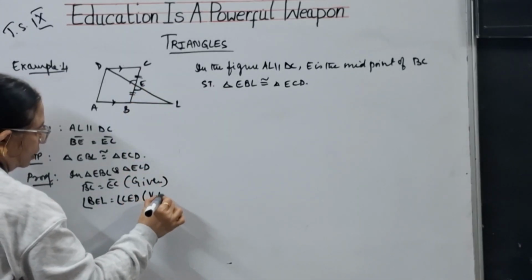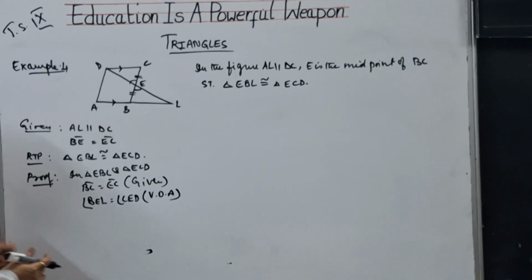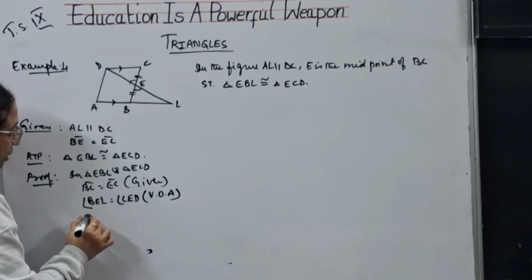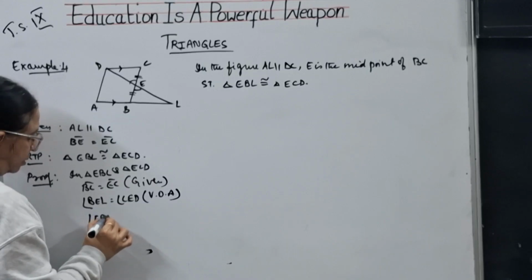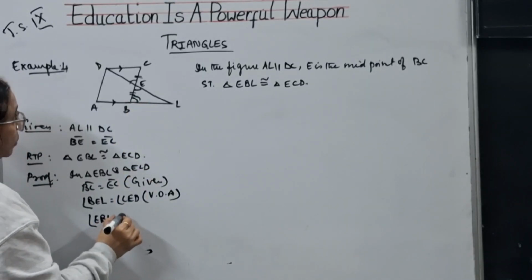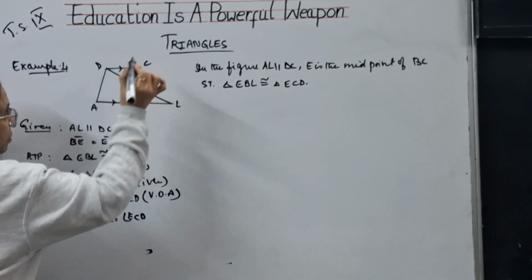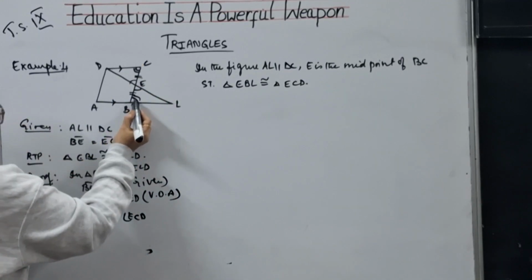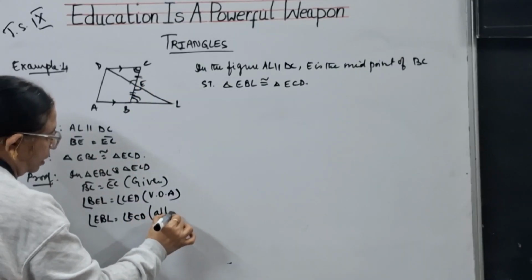Why? They are vertically opposite angles. Then angle EBL, this angle, is equal to angle ECD, these two angles. Why? They are alternate angles.